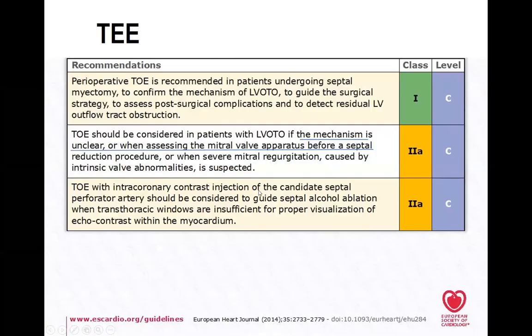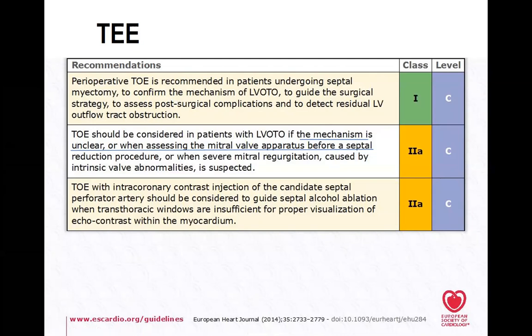So TEE, a perioperative TEE is recommended in patients undergoing septal myectomy to confirm the mechanism of the LVOT obstruction, to guide the surgical strategy, to assess post-surgical complications, and detect LV outflow obstruction. Transesophageal echo should be considered in patients with LVOT obstruction if the mechanism is unclear. So class 1, if you're planning to do myectomy, you should do TEE.